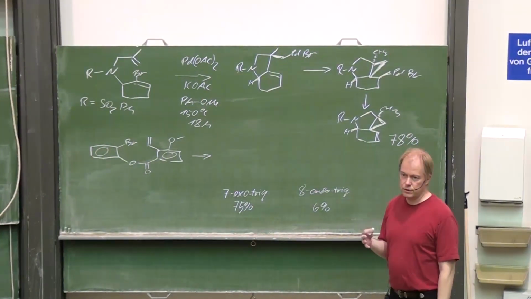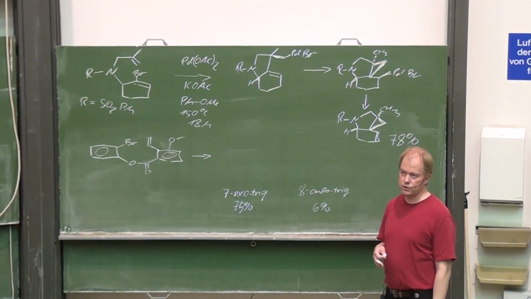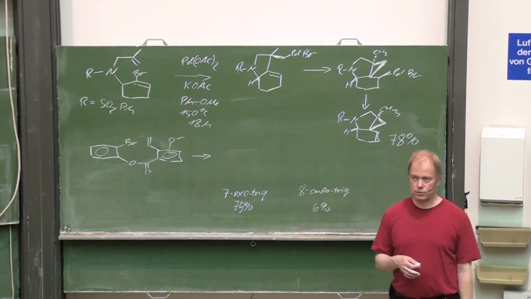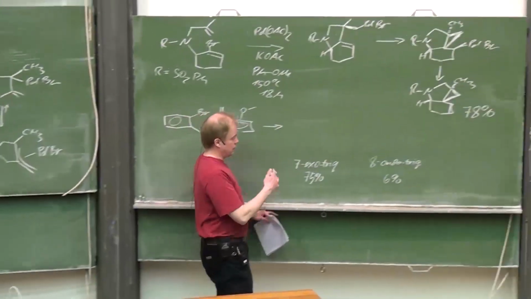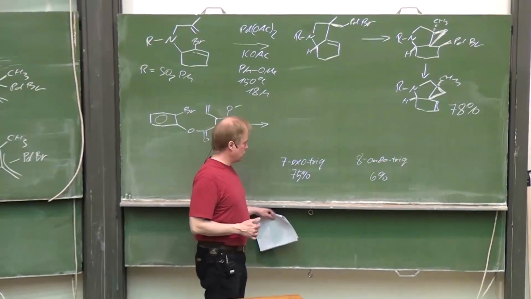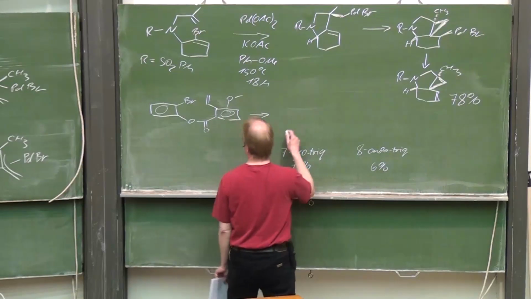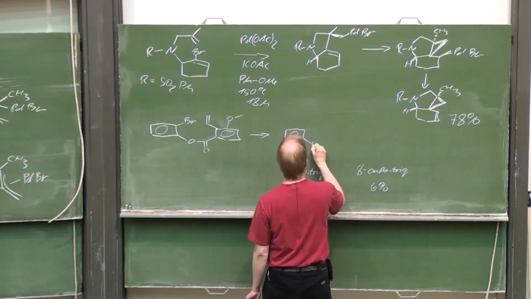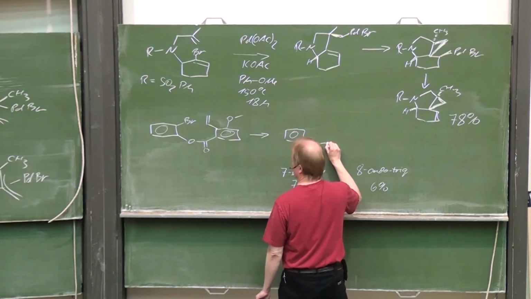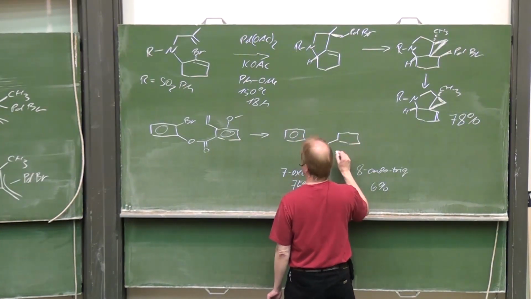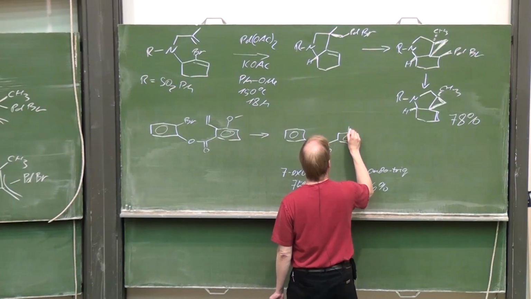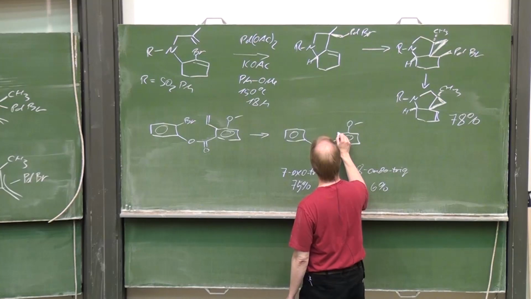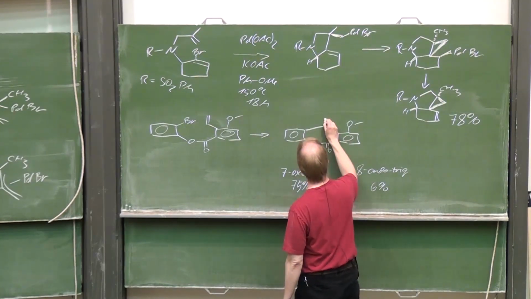And just as a really easy exercise, please draw the 7-exo trig product and the 8-endo trig product. The 7-exo trig process, of course, forms a 7-membered ring. So 1, 2, 3, 4, 5, 6, 7.